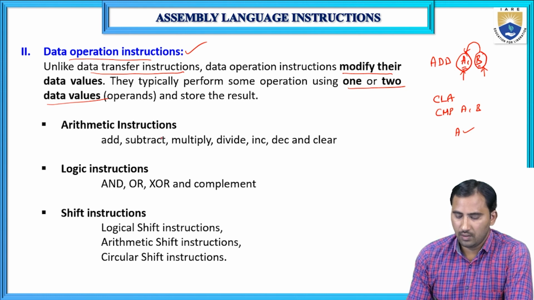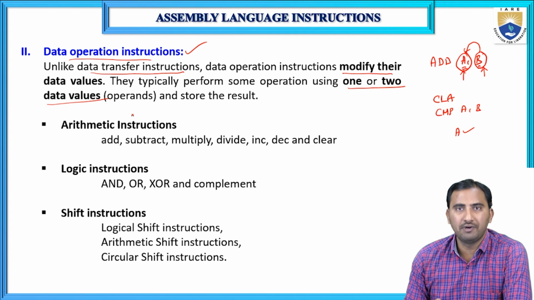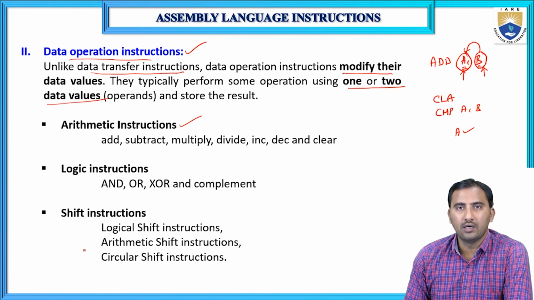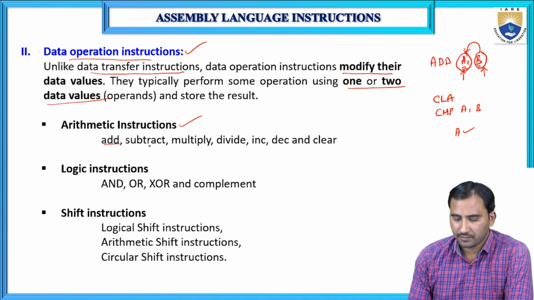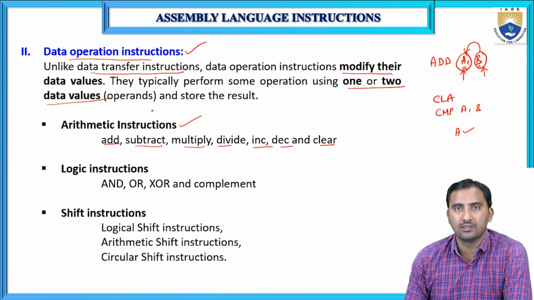These data operation instructions are classified into three types. The first one is arithmetic instructions. In arithmetic instructions, we have different instructions like addition, subtraction, multiplication, division, increment, decrement, and clear.